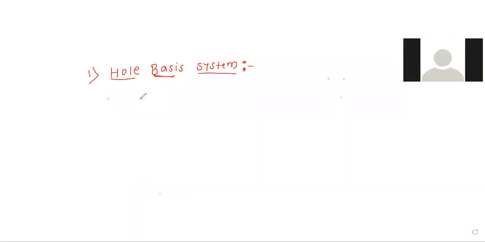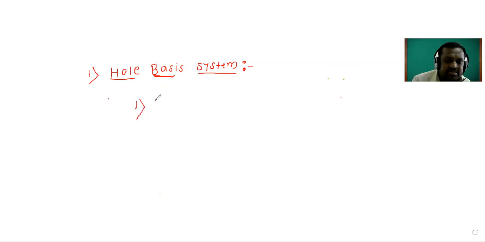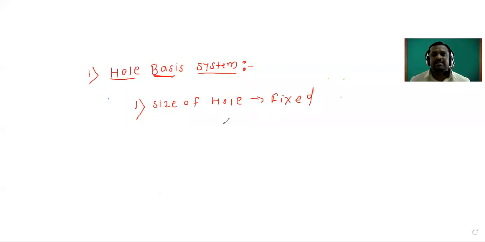Shaft. Now see, that point you have to remember. The first point is, in the hole basis system, the size of hole we have to fix. Then the second point का असेल?